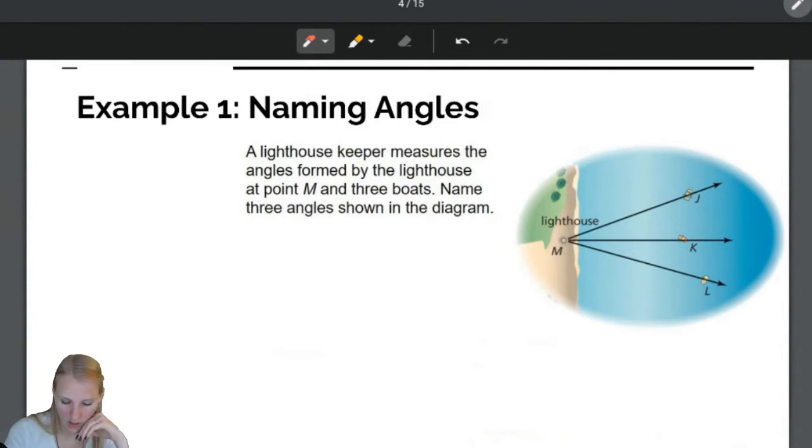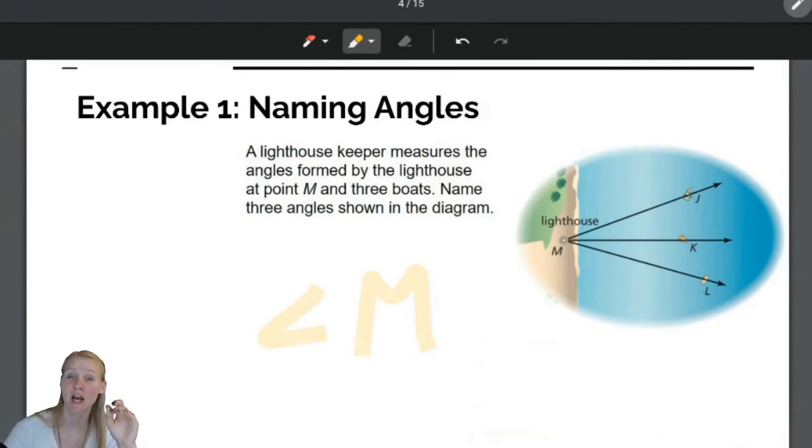I noticed that there's this angle here, and in fact, let's make that a little bit bigger. We have this angle here, and I have this angle here on the bottom, and then I have the big angle all together. So, can I call these angle M? Can I call any one of these angle M?